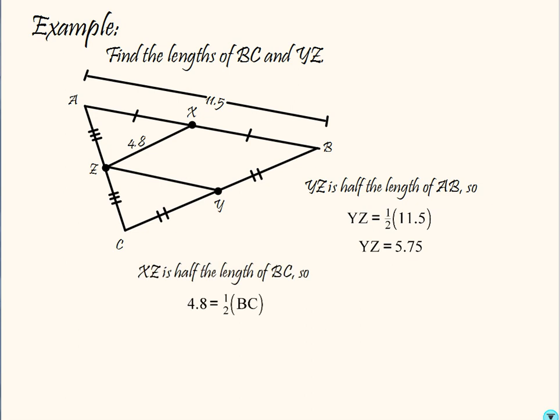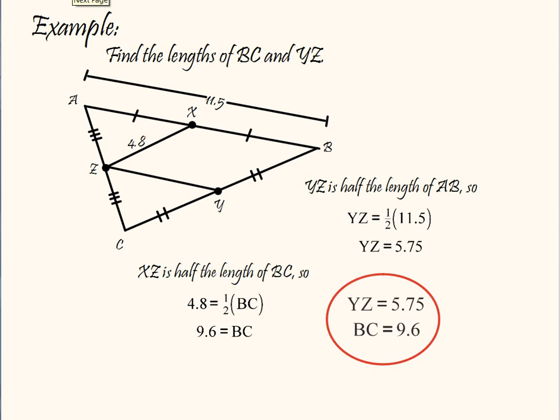So if I plug that in, I can multiply both sides by 2 to get rid of this 1/2, and I get that BC is equal to 9.6. To write my final answer, of course, I'm going to put them together. I'm going to say YZ is 5.75 units and BC is 9.6 units, and I'm done with my problem.